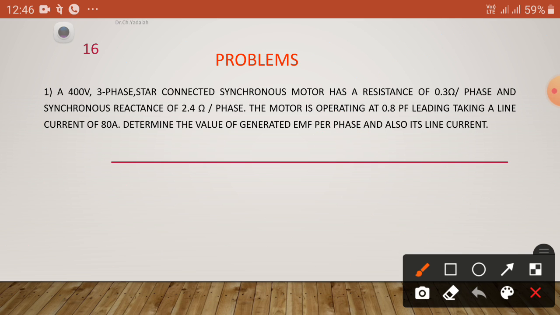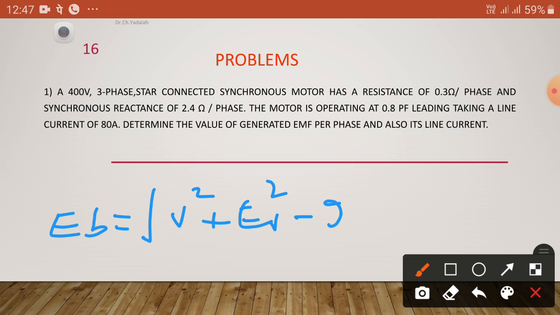So dear friends, here I want to know Eb. Eb is equal to the square root of V squared plus Er squared minus 2 into V into Er into cos of theta plus phi.